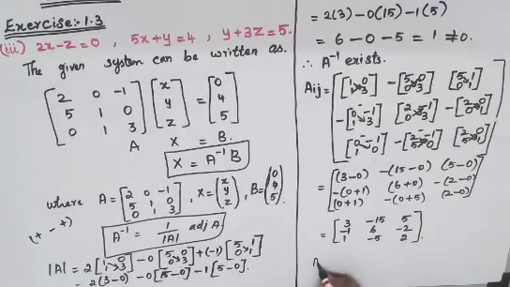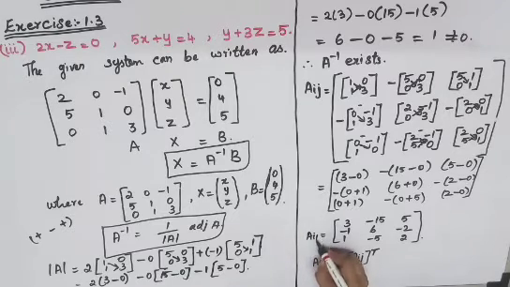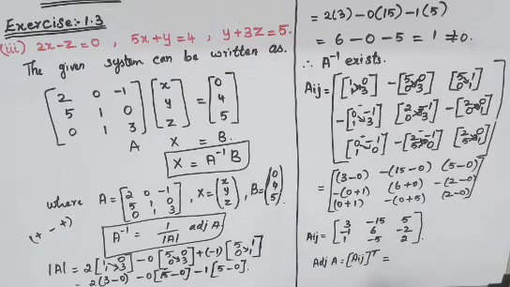So we'll have to find adjoint of A. So adjoint of A is equal to Aij the whole transpose. So this is only Aij. That is equal to Aij transpose. So transpose is nothing but converting your rows to column, otherwise columns to row. So we'll convert the row to column here.